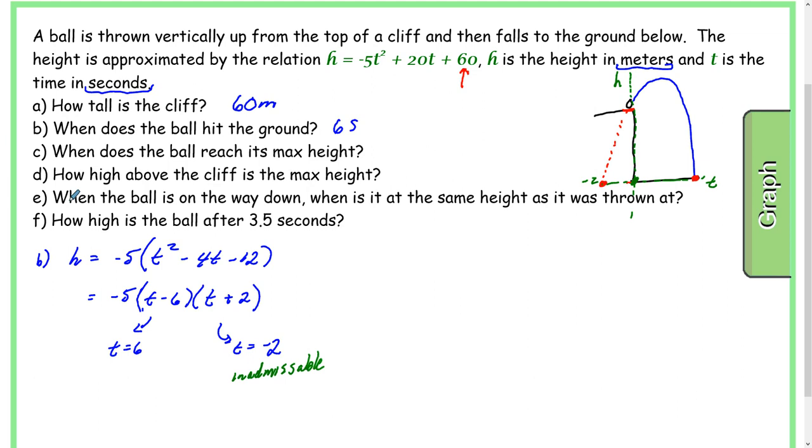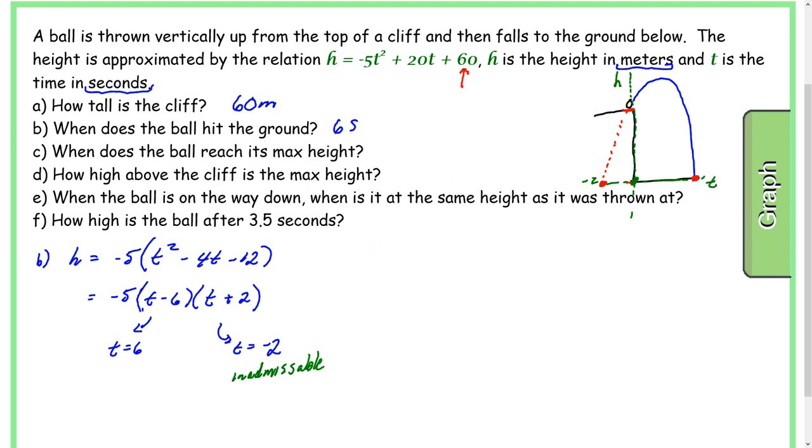Now, how high above, oh, sorry, I'm at C. When does the ball reach its maximum height? Well, there's two different ways of doing this. We could try and figure out what our vertex is, or you could graph it. Now, I'm going to go through the process, and I'm going to find the vertex.